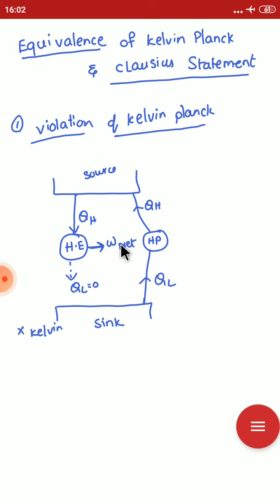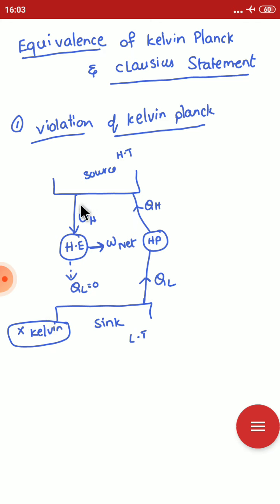W net amount of work is given to this device, then only is it possible to transfer energy as heat from the low temperature body to the high temperature body. If you observe carefully, here with only a single thermal reservoir, there is continuous conversion of heat to work. That is the violation of the Kelvin Planck statement.